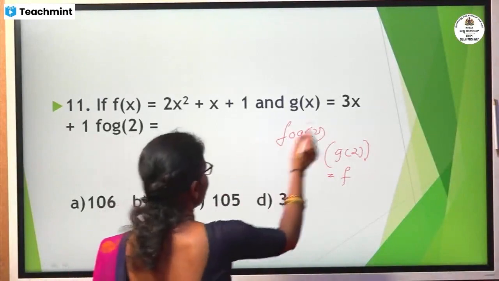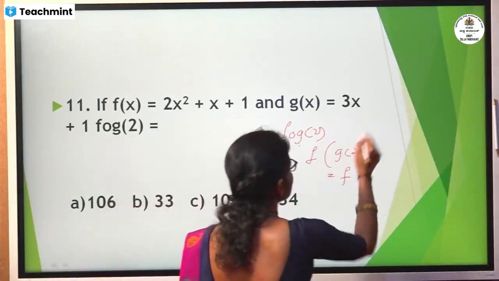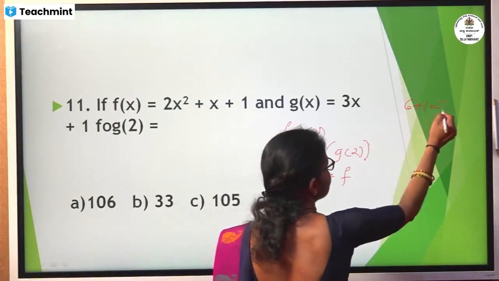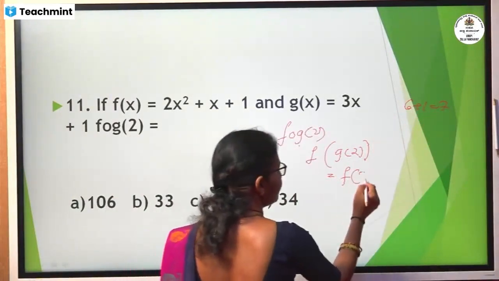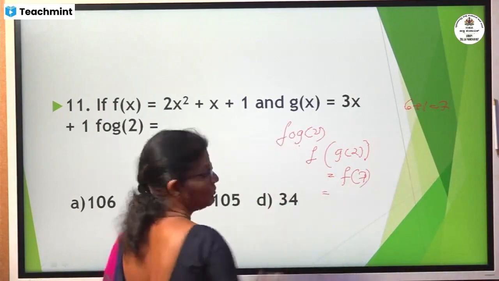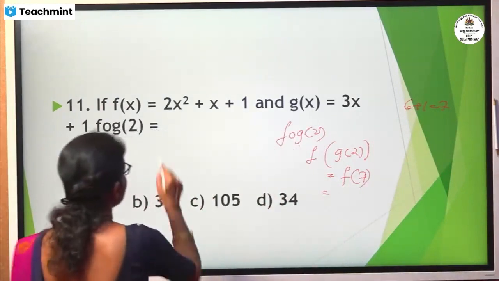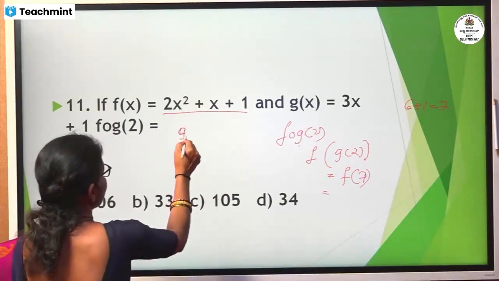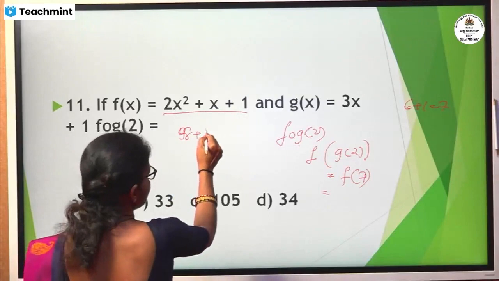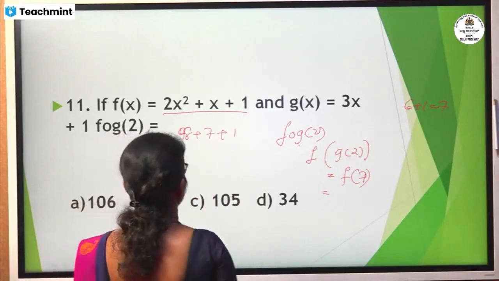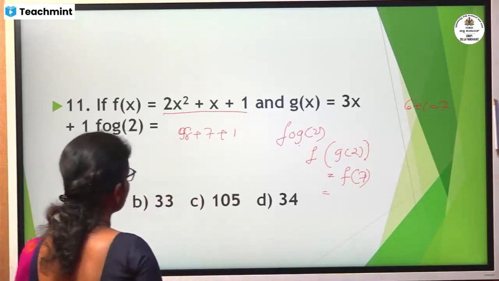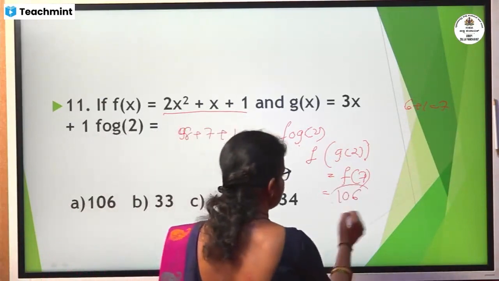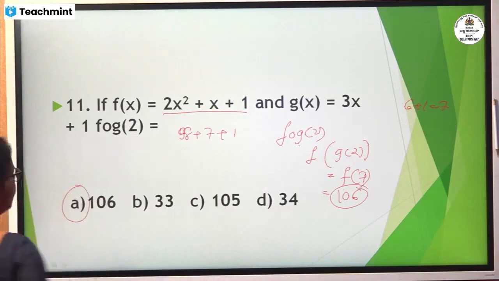The g function is 3x plus 1, so g of 2 is 6 plus 1, that is 7. So this is f of 7 now. Replace x by 7 in this function. 7 square is 49, into 2 is 98, plus 7 plus 1. Simplify this, we'll get 106 as the answer. So the answer is option A.